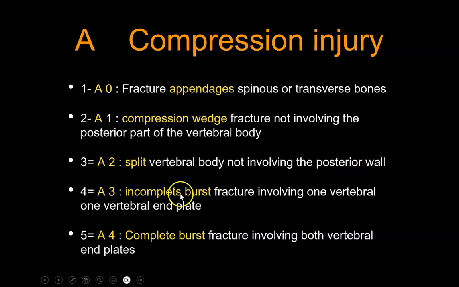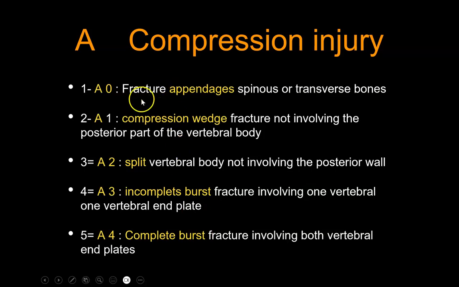And A3 is an incomplete burst fracture involving one vertebral end plate. You know that the upper and lower borders of the vertebra are called vertebral end plates, at the junction between the vertebra and the disc. Involving one end plate with comminution is A3; involving both end plates, it is a complete burst.